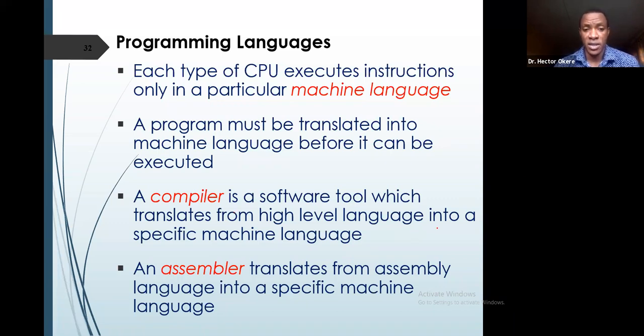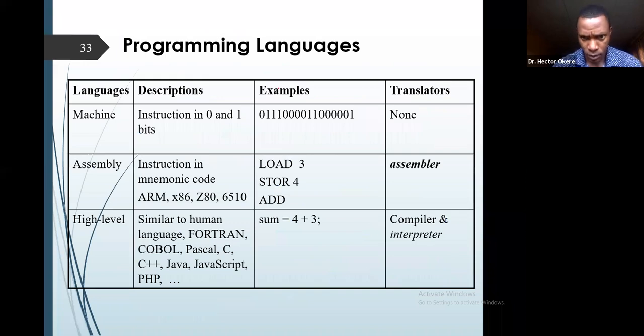Okay, you see, this is the machine language, zeros and one. Okay, machine don't need a translator to understand 0 and 1. So if you can speak machine language 001100, it's very easy for you to communicate with the computer.